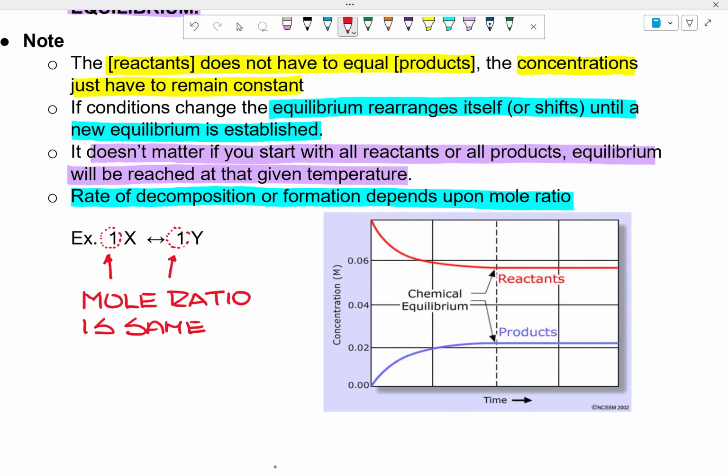So what does that mean? It means, therefore, the change in concentration is the same.